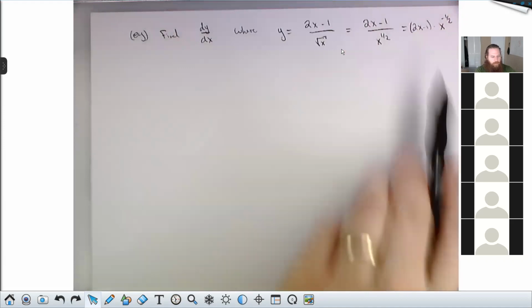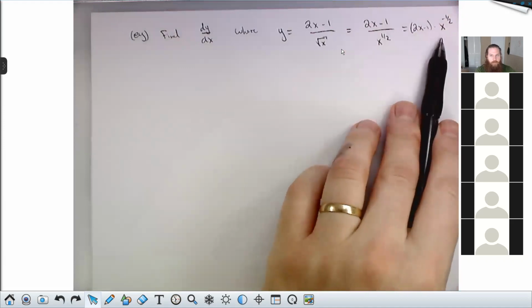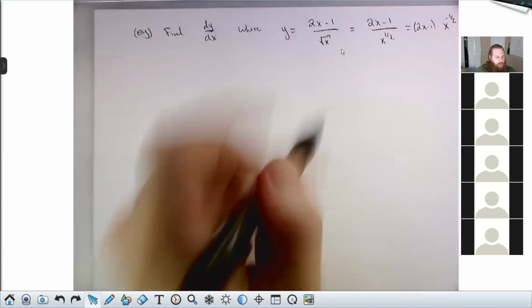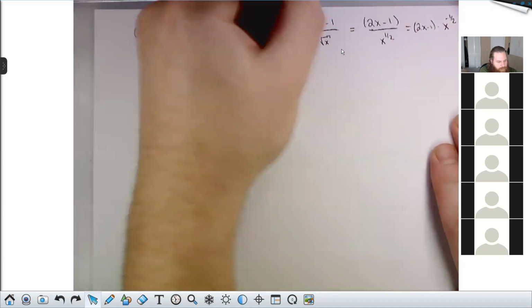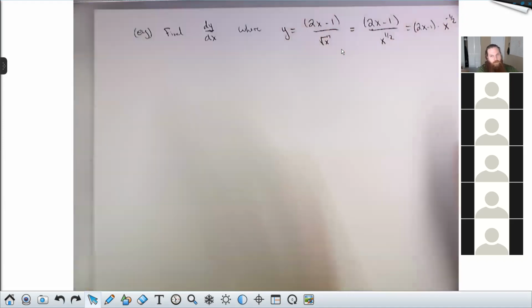We need to make sure we have these parentheses here if we move this upstairs, because remember, these fractions are grouping symbols, so really we always think of them like this. I just don't usually write those parentheses. And this is true, but I'm not sure it's super useful.